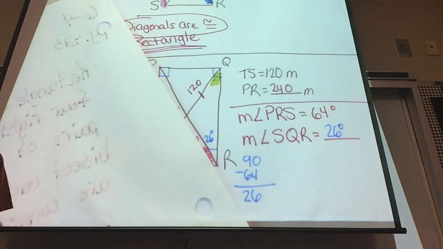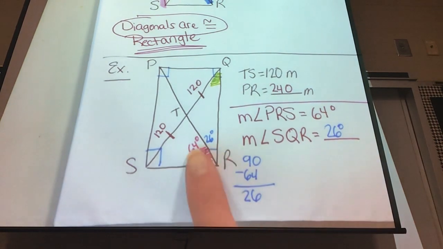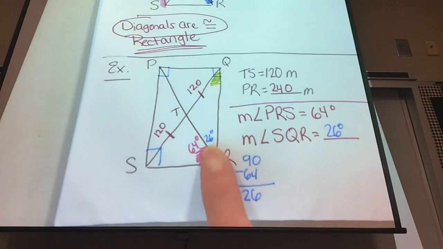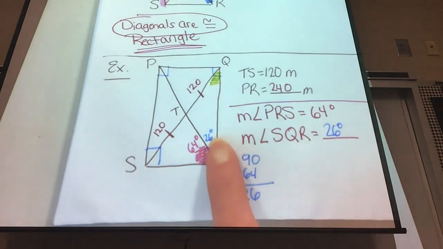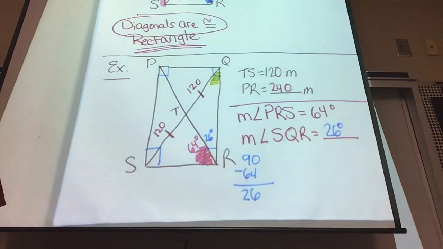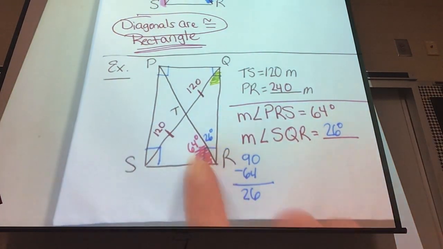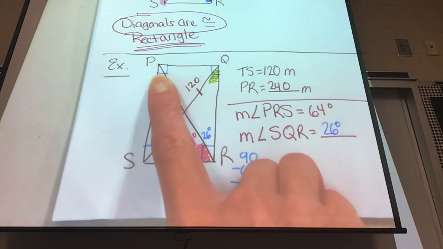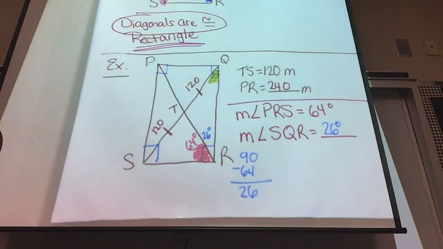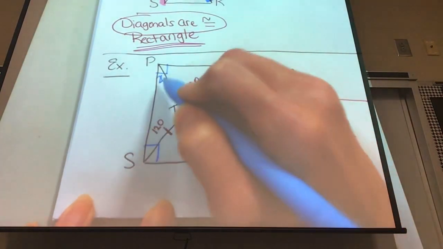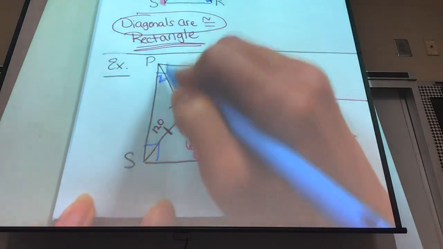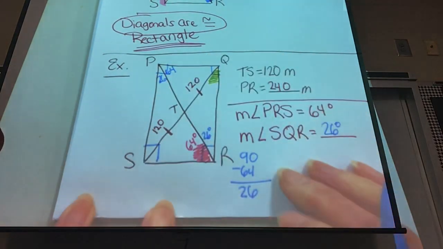I would know, again, because these two form a 90-degree angle, that this one would have to be 26. Right? Okay? So, if I knew this one was 26, like we just talked about, right? Remember? This side's 26, that side's 26. If this side's 64, this side's 64.